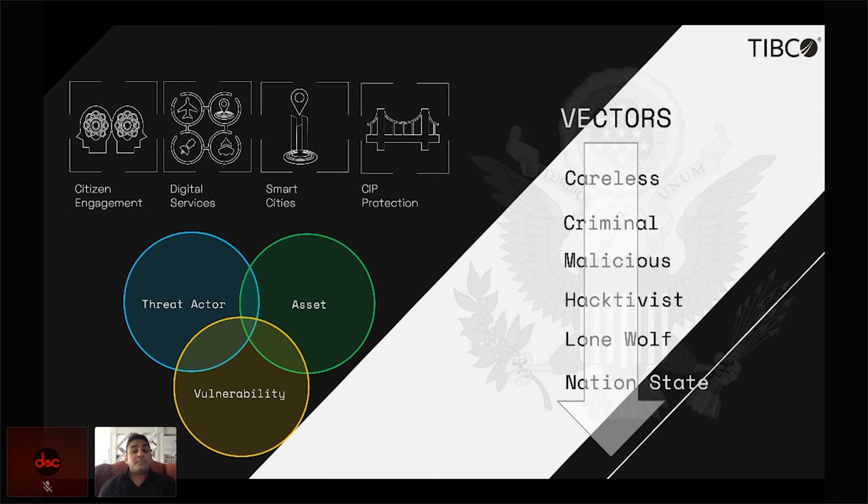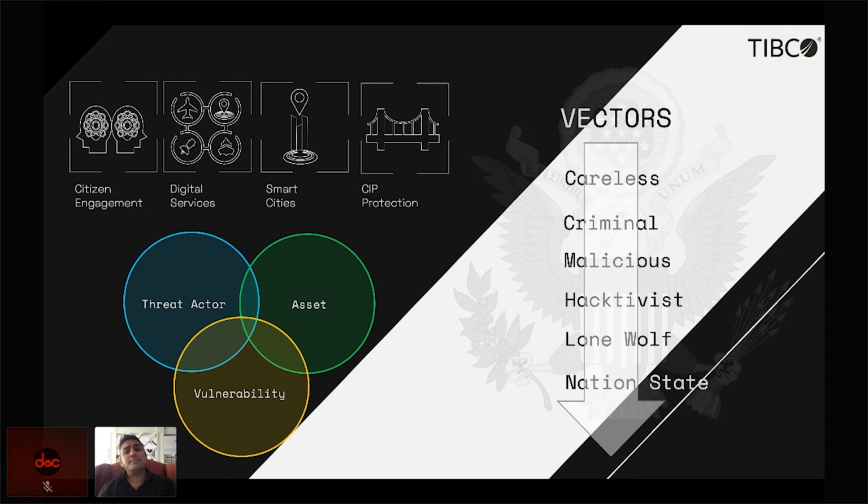Then you have criminals, criminal organizations, and that's where we have a lot of ransomware going out. We have a lot of people trying to do something for some sort of financial gain. Then, of course, we have a malicious group, which could be internally or externally malicious, just looking to do some harm to the organization.